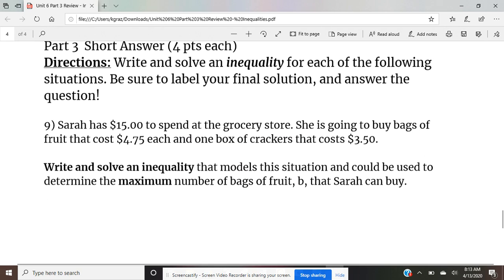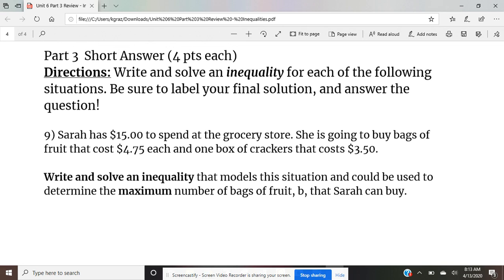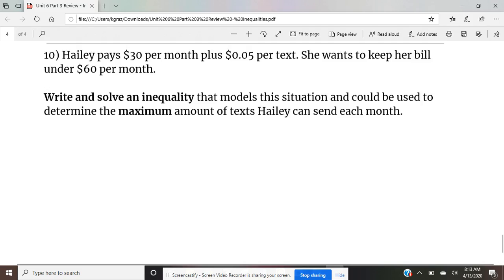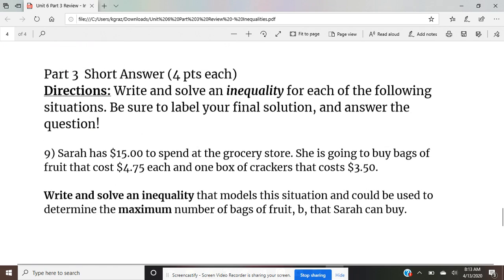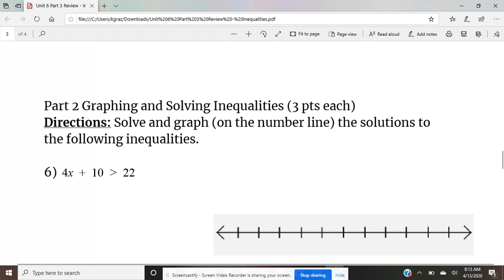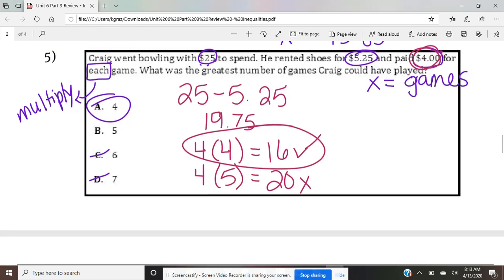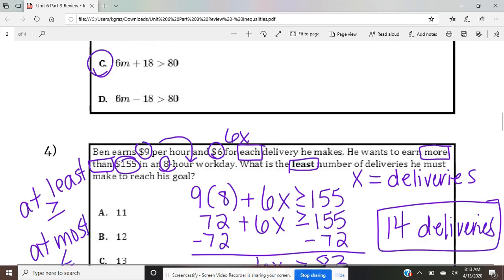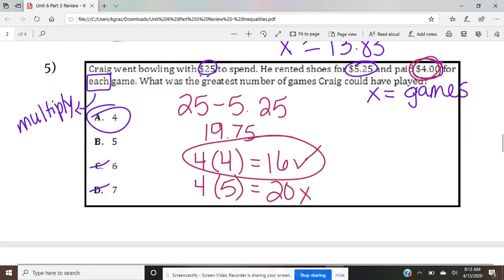And then we'll end off with this one, which is basically what we did today. These 2, sorry, where we write and solve the inequalities. Okay, so this would normally be our review for a test. So I'm just going to give you a short assessment at the end of this week.